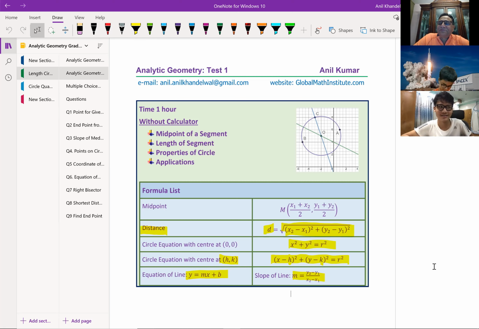We also learned there are two ways to find the shortest distance between a point and a line. We can use the formula ax plus by plus c equals 0, or we can use the longer, clearer way by finding the slope and its perpendicular.